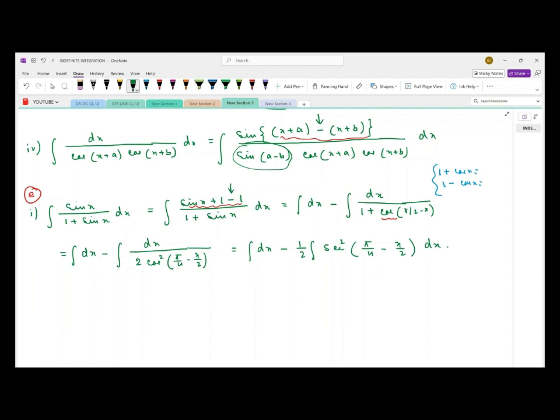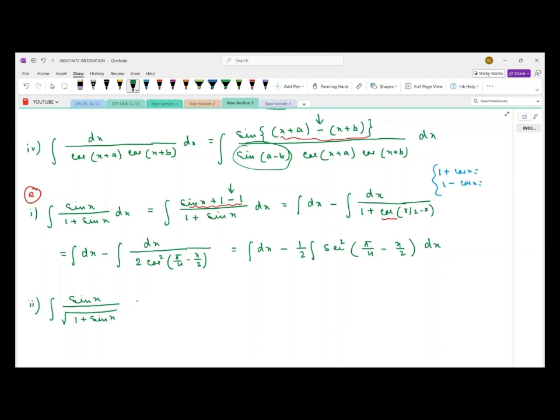Now look at sum number 2. See the difference between 1 and 2. Sum number 2 is sin x by, just the denominator changes to root 1 plus sin x. That's the difference. There's only a root sign in the denominator.